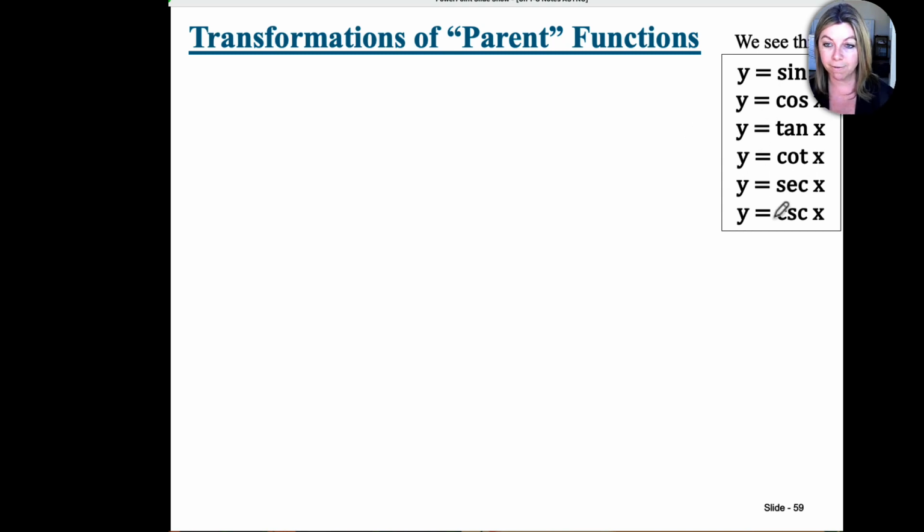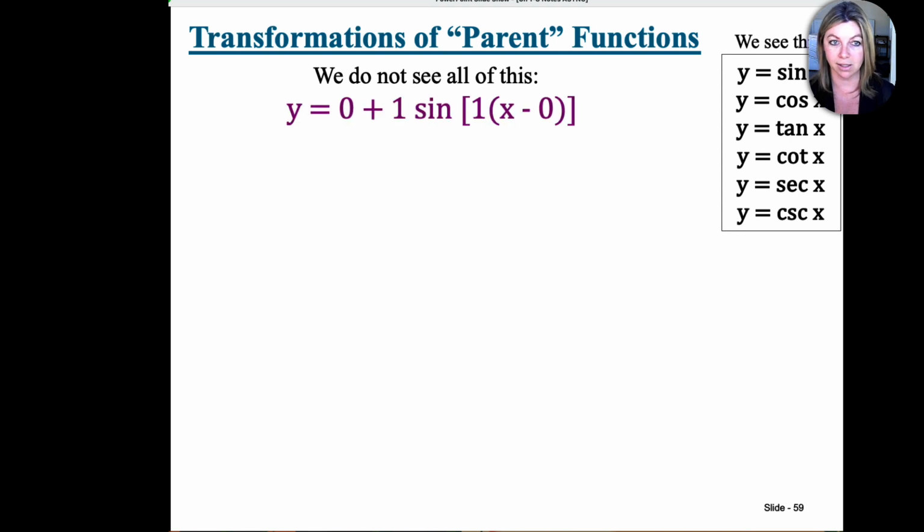As these parent functions, though, there's a lot of invisible or implied values. Let me show you. We see y equals sine x. However, we do not see all of this implied stuff. Y is equivalent to 0 plus 1 times sine of 1 times the quantity of x minus 0.